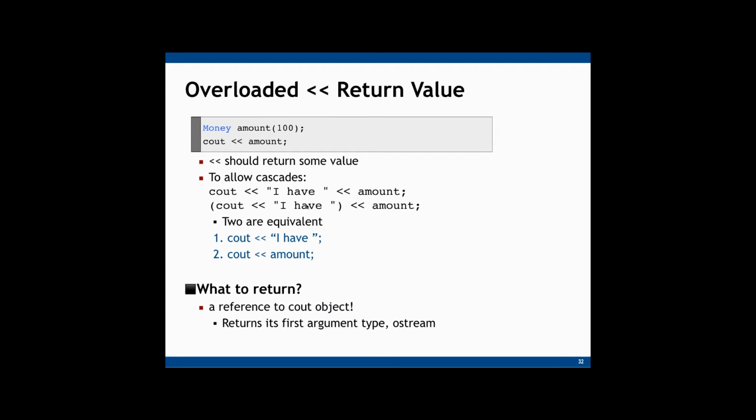And in order to evaluate the second one, this first evaluation must return the cout object, so that we can use that cout object to evaluate this second line.